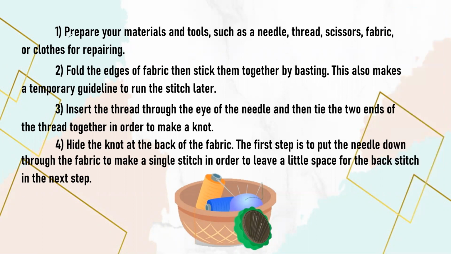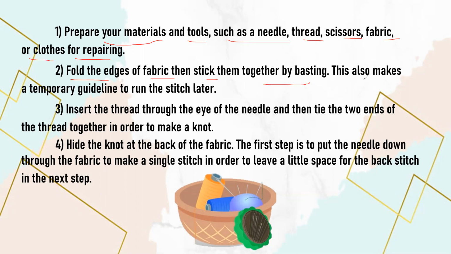Number 1, the 4 steps we are going to follow. Number 1, prepare your material and tools such as needle, thread, scissors, fabric, and clothes for the repairing. Second, we have to fold the edge of the fabric, then stick them together by basting.